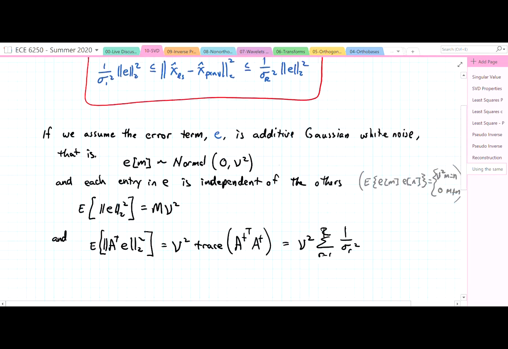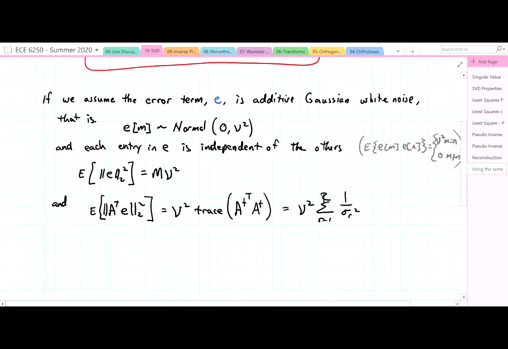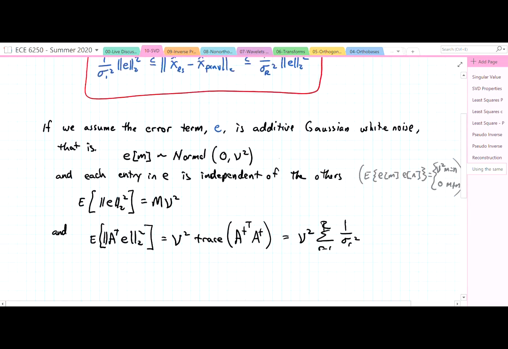Okay, very similar once again to the square case, except now we're using singular values instead of eigenvalues.